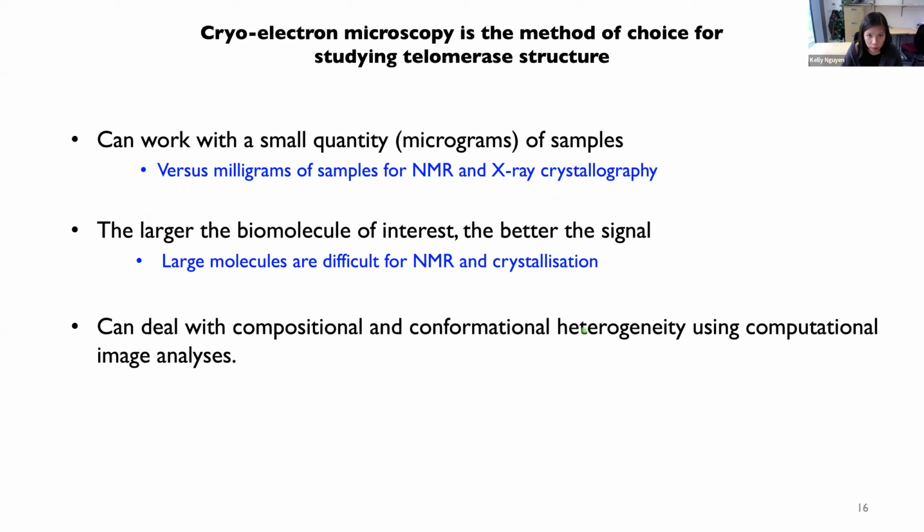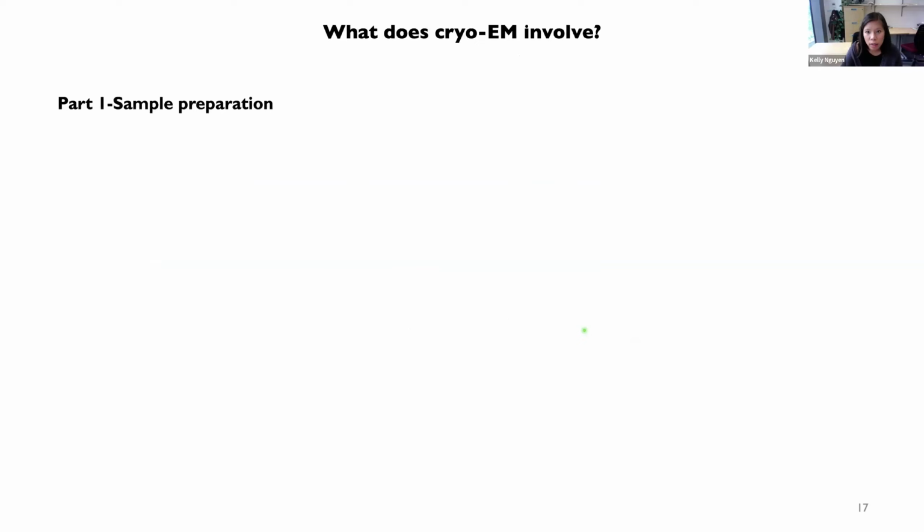So having all of this knowledge, and why we chose this, I'm going to quickly give you an overview of single particle cryo-EM, what this technique involves. So first, like all structural techniques, you need to start with sample preparation, and we need a good complex purified as best as we can.